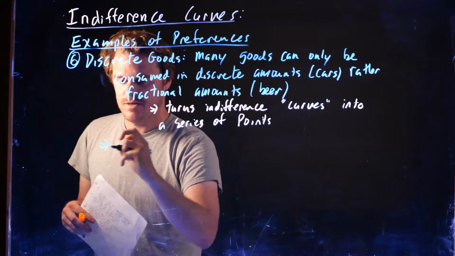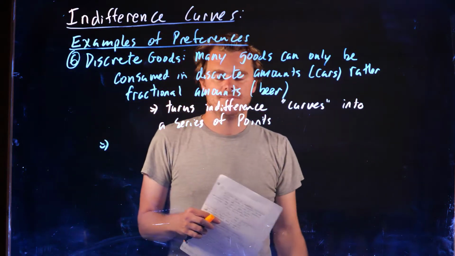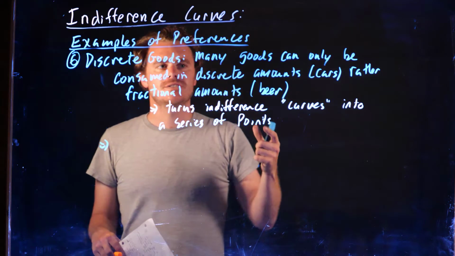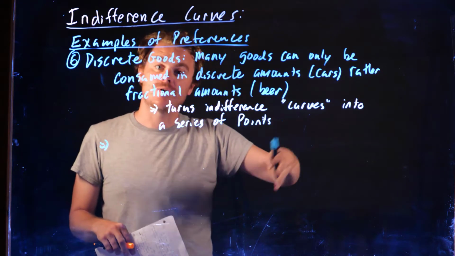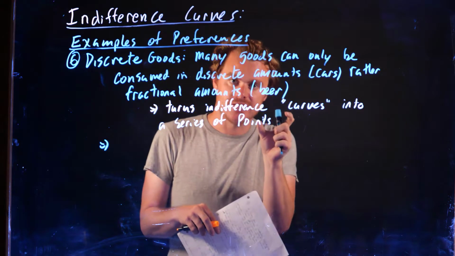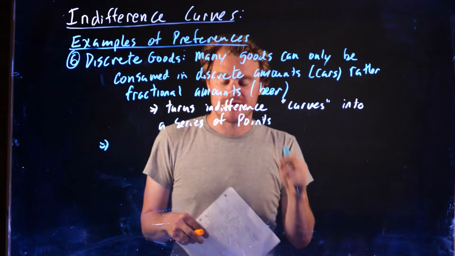Now, this is true for lots of goods you might be interested in. The key here is to think about how important this discrete nature is. How important is it that it's a discrete good for our analysis?